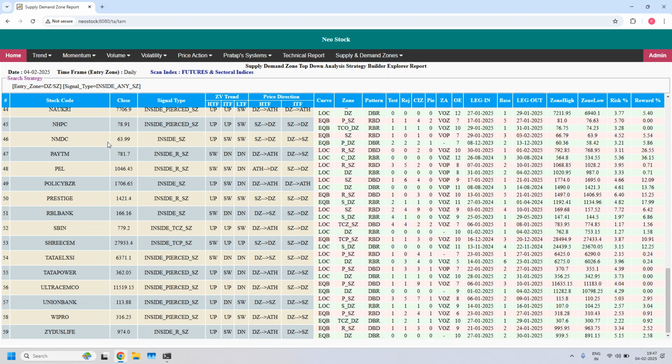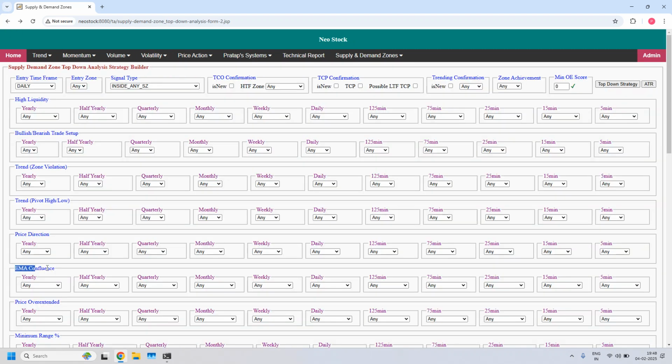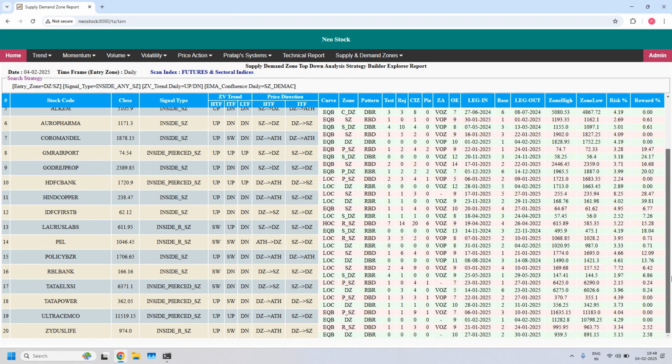because currently price closed inside the daily supply zone. So in the EMA confluence parameter, a daily time frame, I am setting the filter daily supply zone having daily EMA confluence, and trend on the daily time frame either up or down, but should not be sideways. Even then, big list.